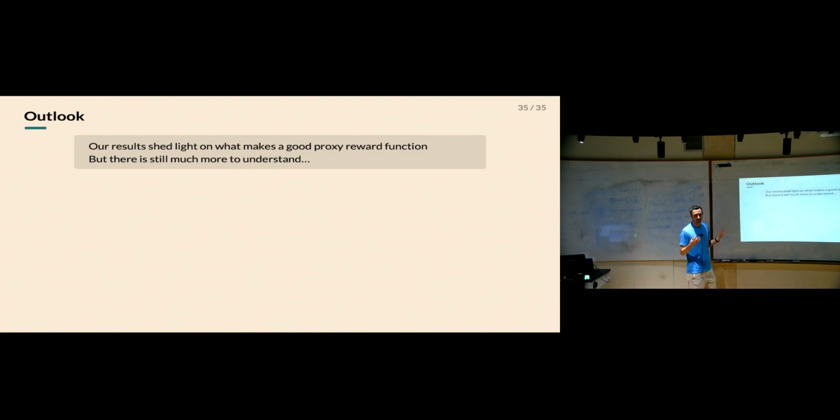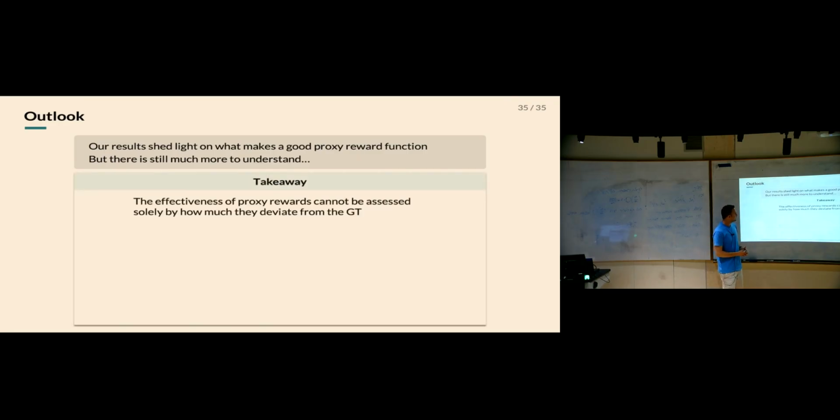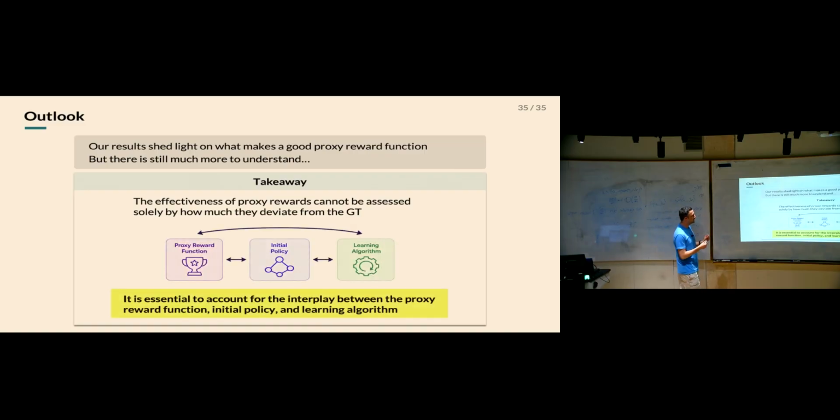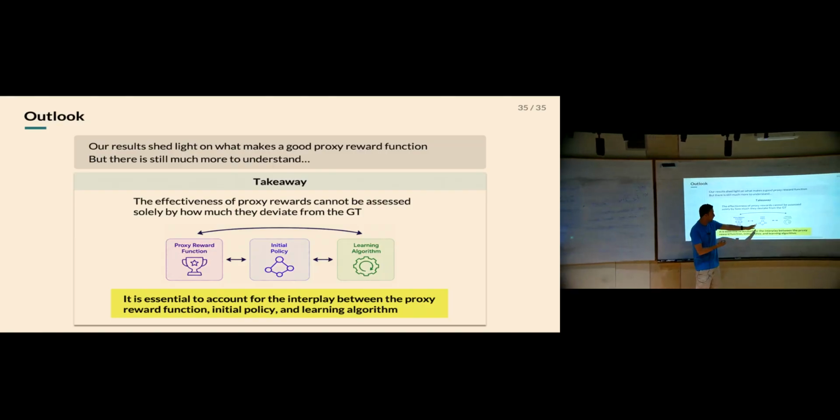And perhaps a takeaway worth sending you home with from this talk, if you remember one thing, is that this line of work highlights that the effectiveness of proxy reward functions can't be assessed solely by how much they deviate from the ground truth. It heavily depends on the interaction between the proxy reward function, the policy that you train, and the learning algorithm, which here we fix to be policy gradient.